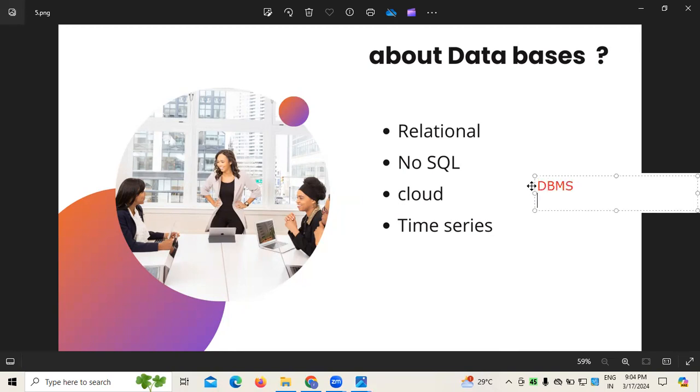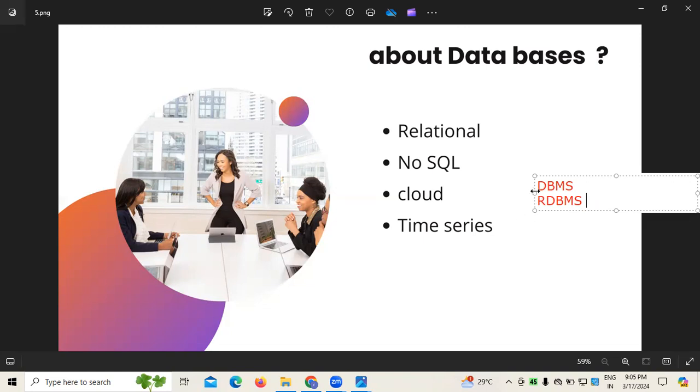DBMS stands for Database Management System. The database management system is the one which is majorly used to manage the database, and what structures we are going to create.